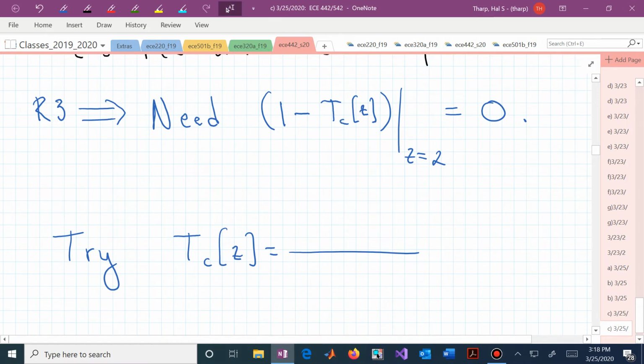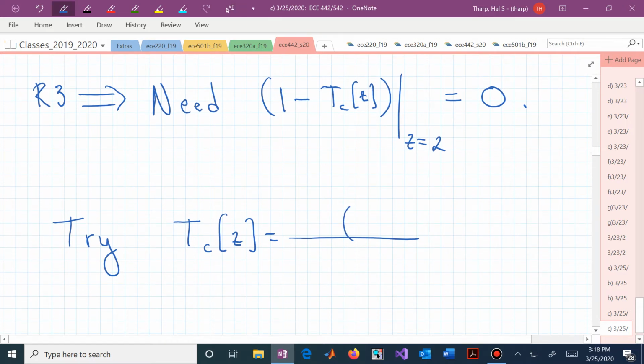If that's the case, we know the numerator has this piece to it, and we said our denominator was going to be deadbeat. Let's keep all of the poles in t sub c of z at the origin.